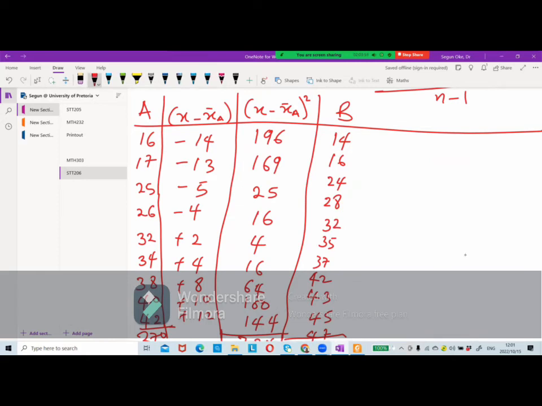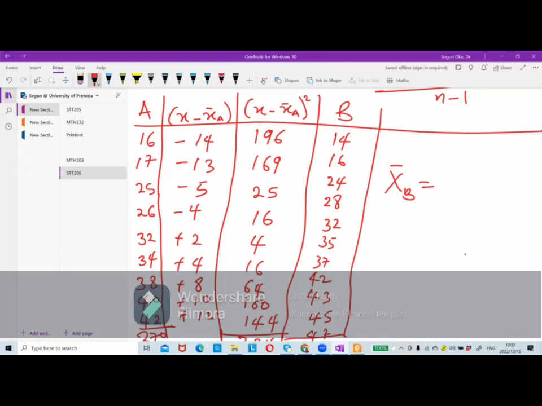So what is X bar B now? We want to calculate X bar B. How many values do we have in B? 11. B is 11, yes.